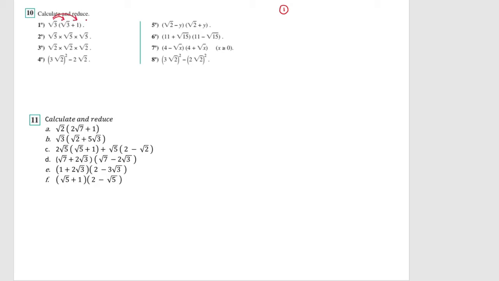Before I start, a quick example: we have for example 2 times x plus 1, this was in algebra. How do we simplify it? We do 2 times x, then 2 times 1. 2 times x is 2x and 2 times 1 is 2, and I have plus, so plus 2.